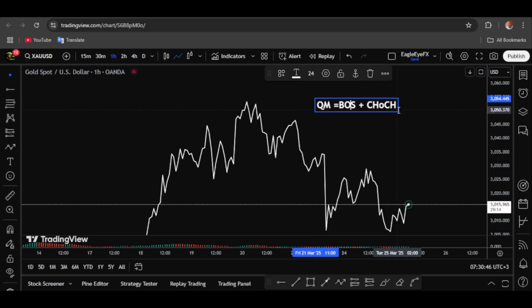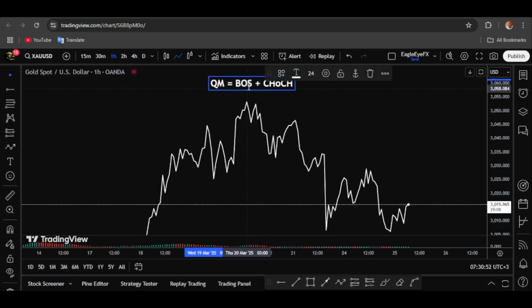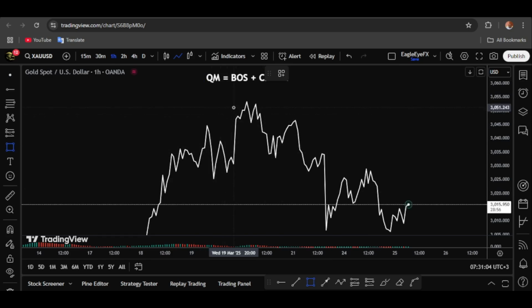This is what I want you to always remember and have at the back of your head. We want to see a break of structure, and then we want to see a change of character, then we enter the market. So you can see here, for example, this one is not very clear. That's why you have to really practice this so you can be able to see it.